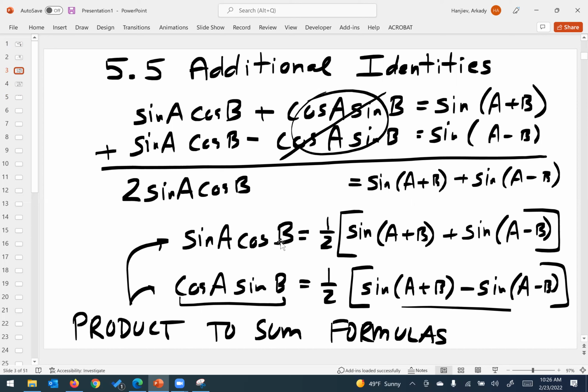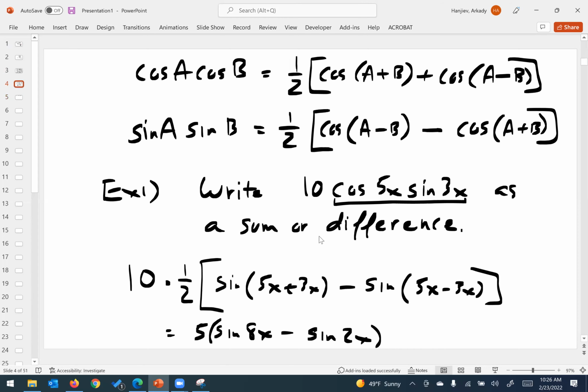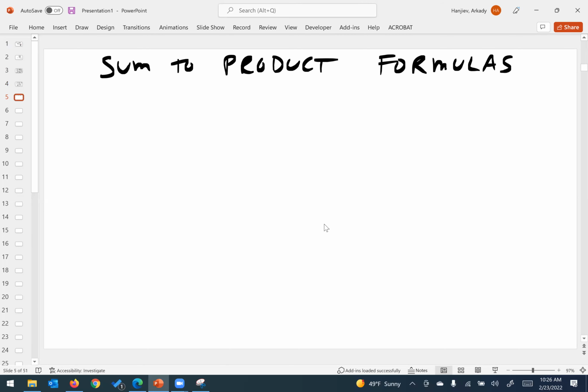I'm debating here. Should I just give you the formulas or go for it here?